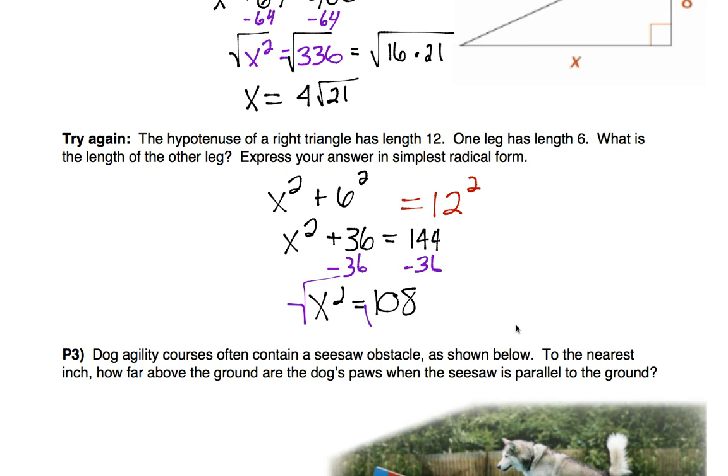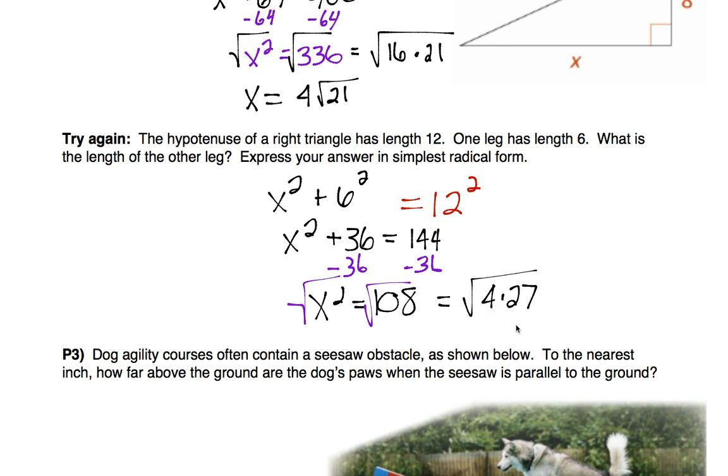Square root both sides. 108. See, I'm going to try and divide it by 4. That works. 4 and 27, in fact. So here's what I think whenever I do that. 4 is great to divide it by, but 27 still has a 9 inside of it, which means that since there's another perfect square inside of this 27, then I should have taken out a 9 and a 4 at the same time.